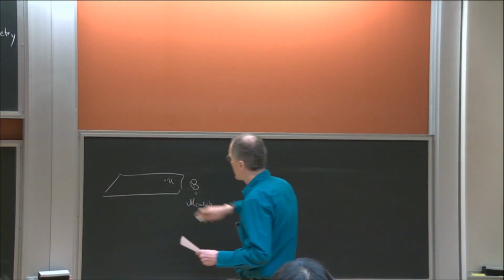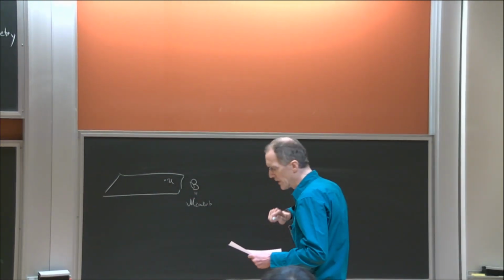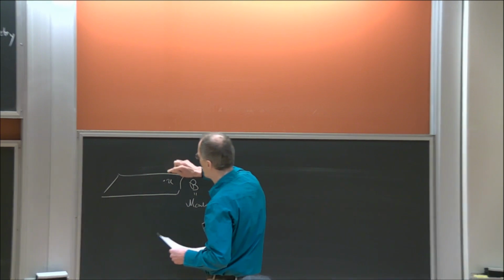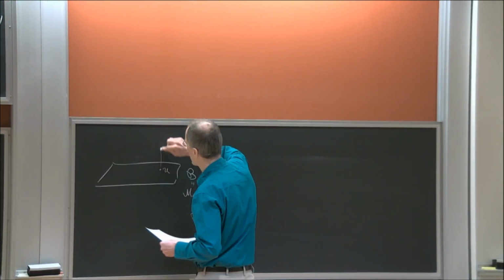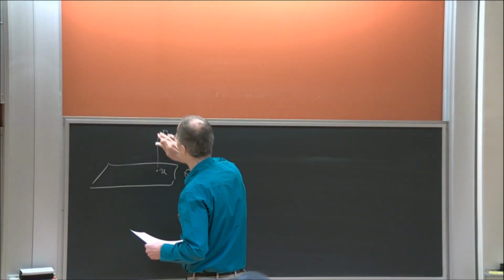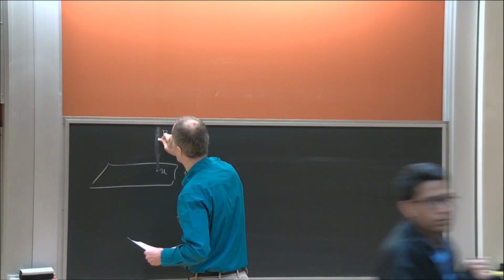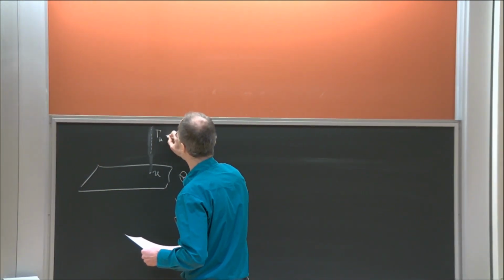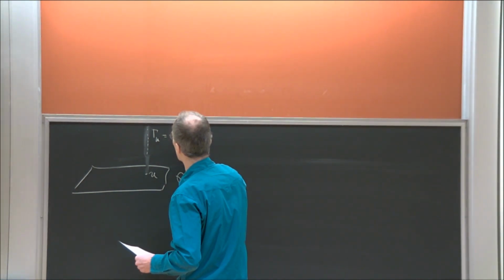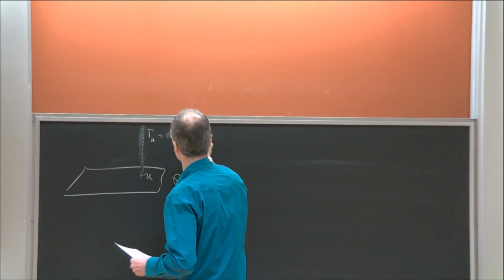And so at this vacuum U, we have an unbroken electromagnetic abelian gauge symmetry. And so we have a lattice. So above this point sits a lattice, gamma sub U, which is the lattice of electric and magnetic charges.